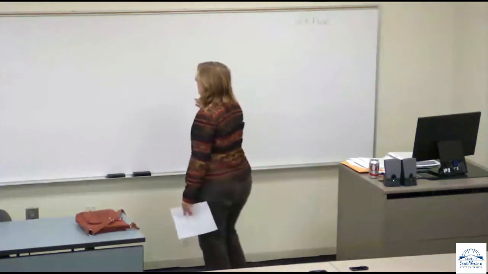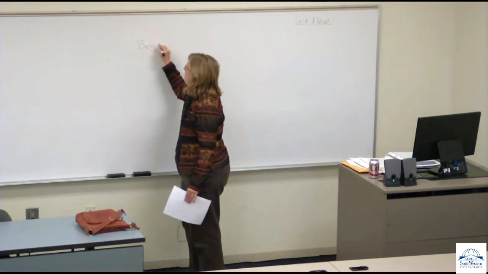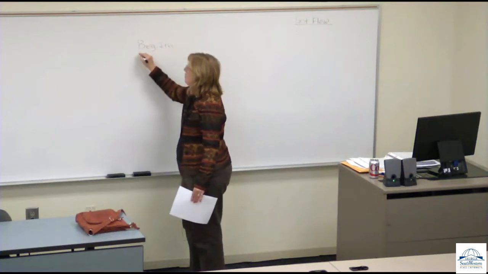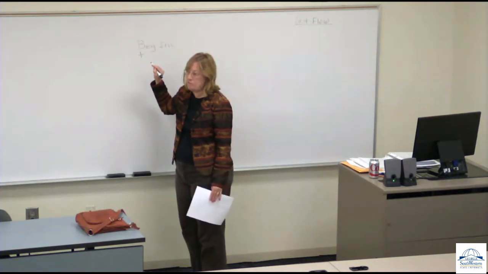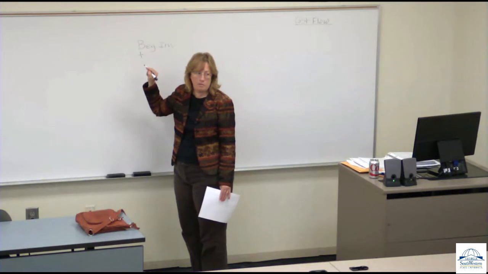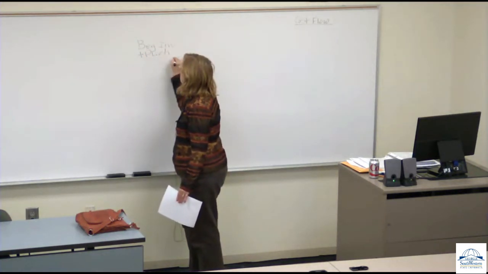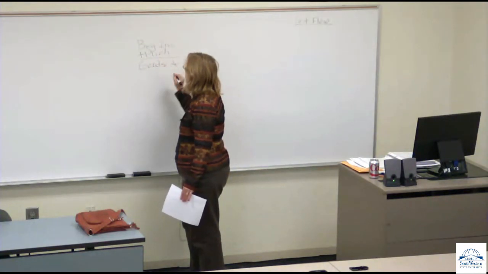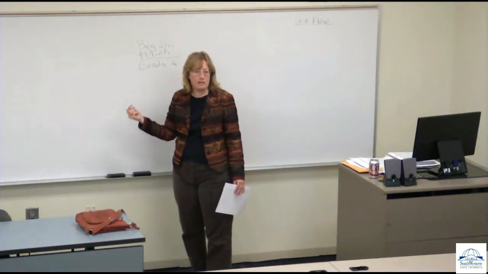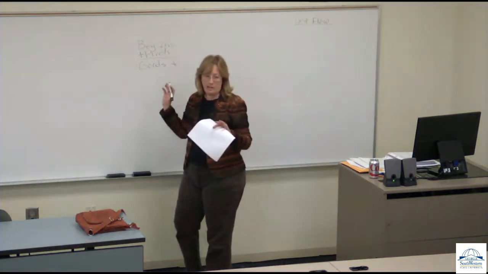So remember we had this formula where beginning inventory plus, no, what's our formula here? Beginning inventory plus purchases equals what? Goods available, and that is either going to turn out to be sold or not sold.